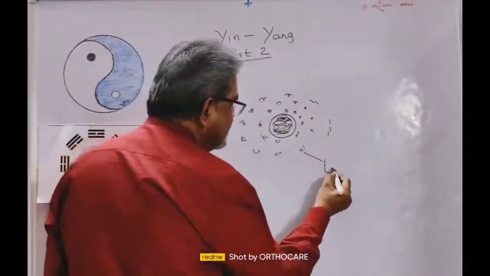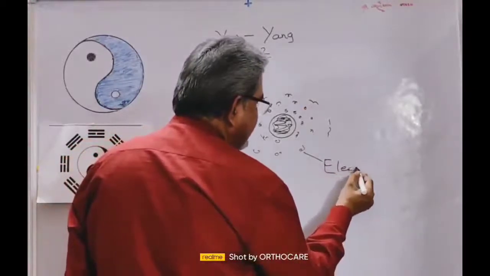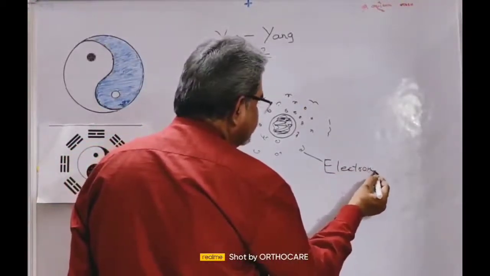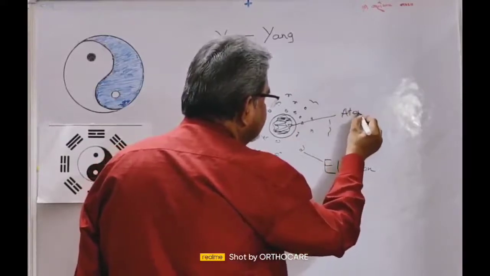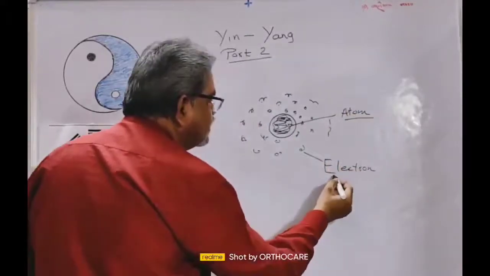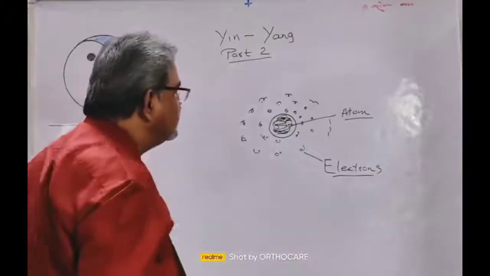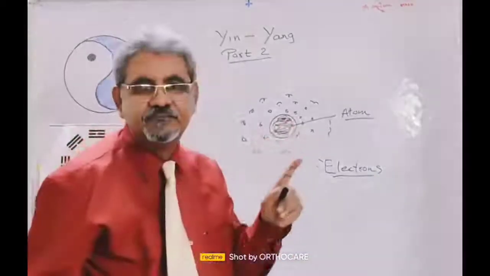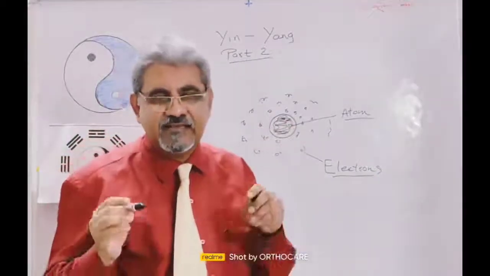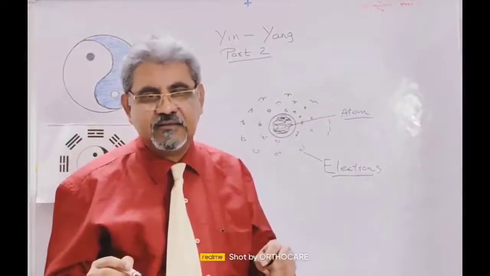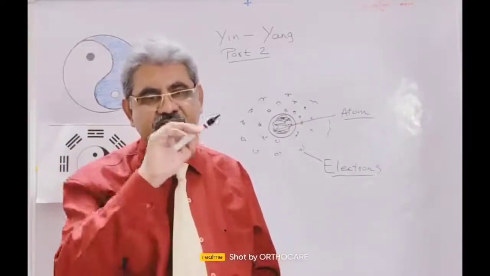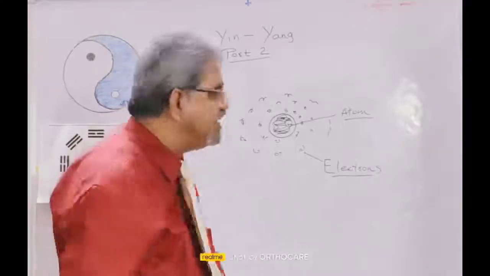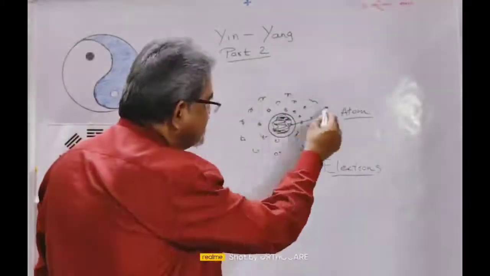So this is electrons, this is atom, so the atom is yang, it is positively charged, but the electrons around it are negatively charged.